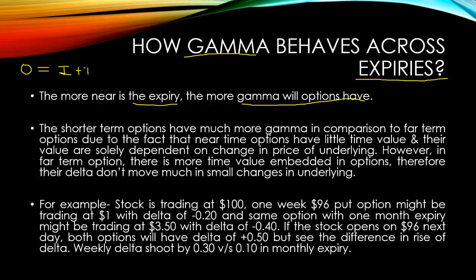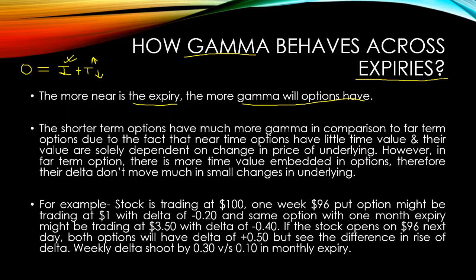If I ask you one option is expiring in 1 week and one in the next month, you can easily tell me that the weekly expiry option will have less time value and more intrinsic value. The farther the expiry, as in monthly expiry, the more time value.